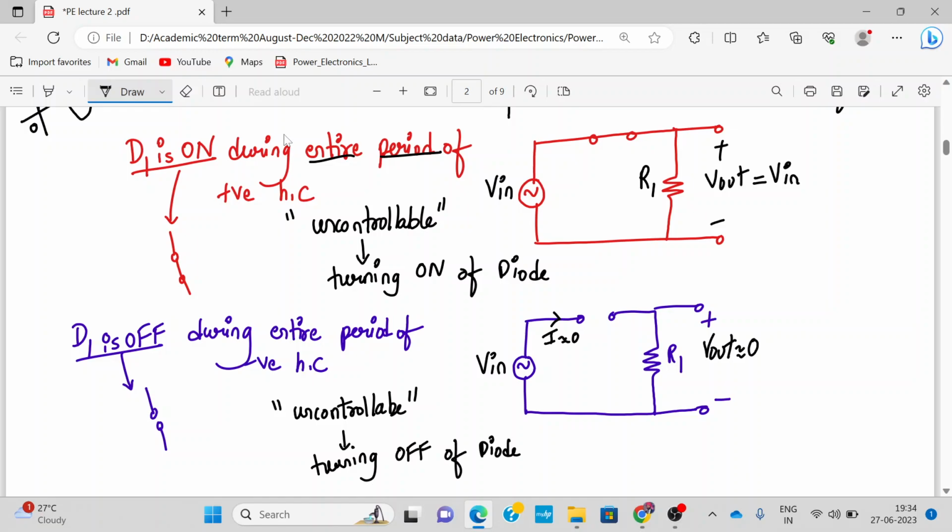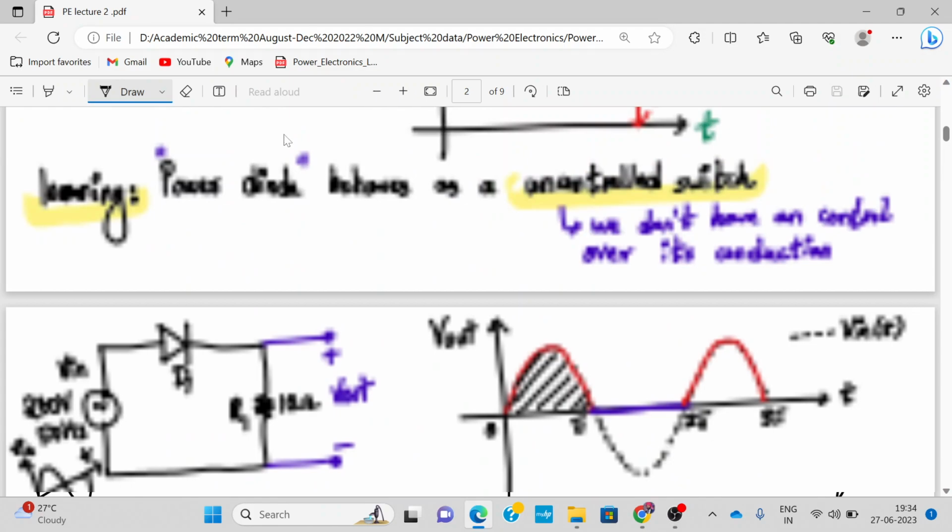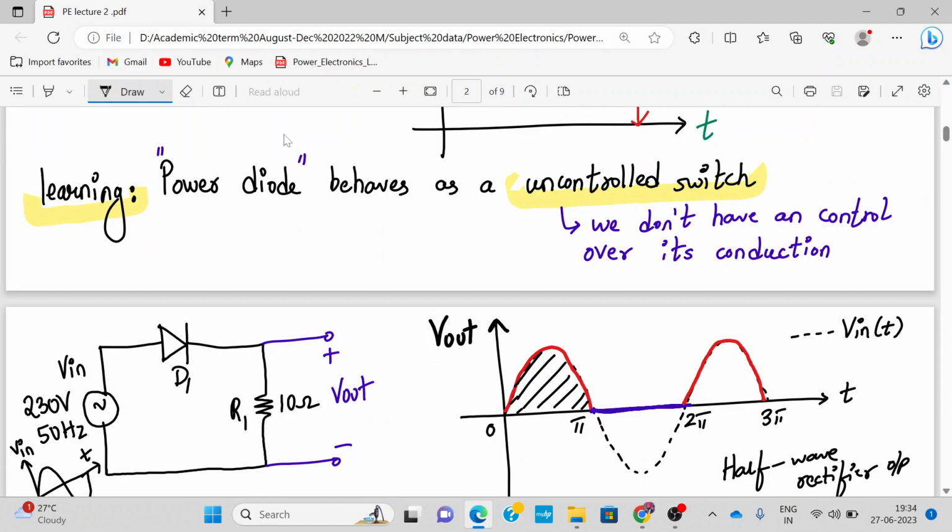So in both cases, the turning on of the diode is uncontrollable, and the turning off of the diode is uncontrollable. That's why we say that the power diode behaves as an uncontrolled switch. That proves the point. Why switch?